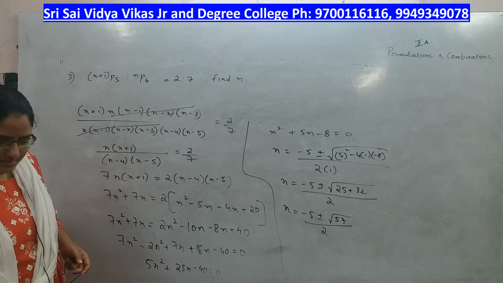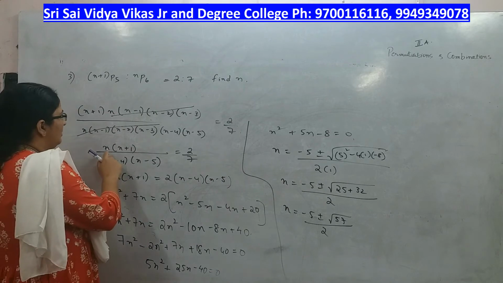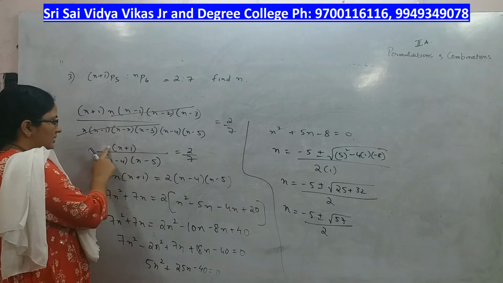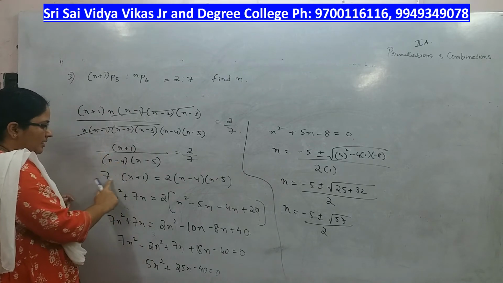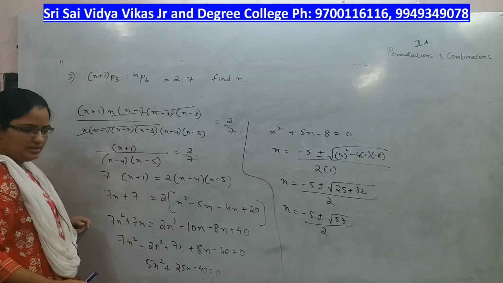Okay, this is nothing but 7 into (n plus 1). This is n plus 1. So here you will get 7n plus 7. This is a small change here.